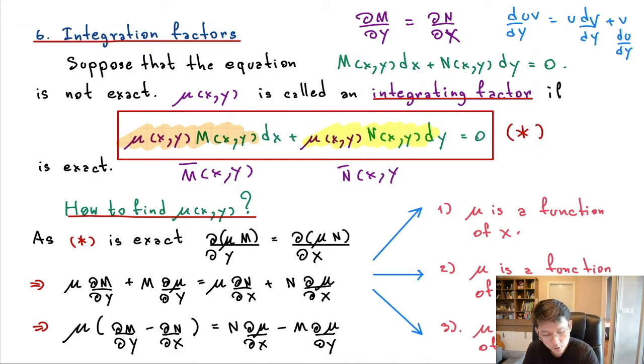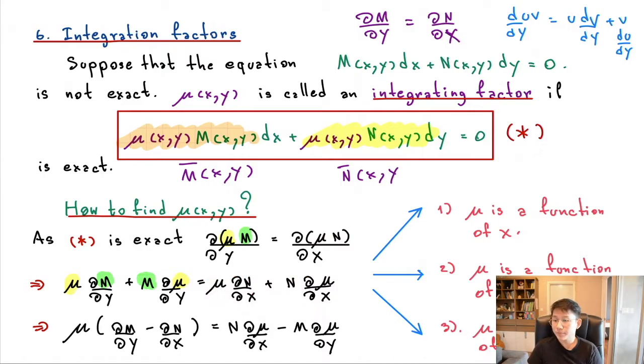So here we have uv, so we have u dv plus v du. And similarly for the right hand side, we have uv as well, so we have u dv plus v du.